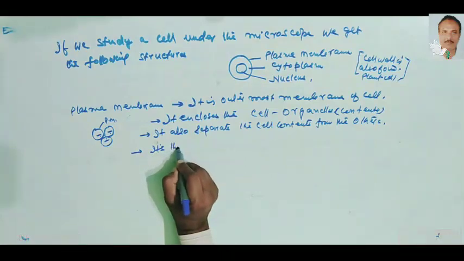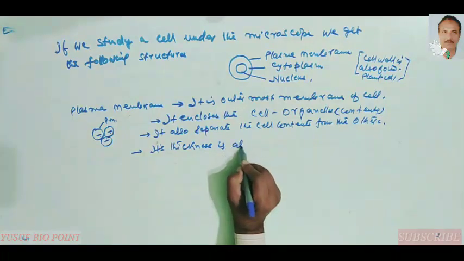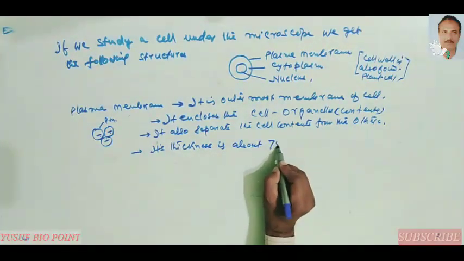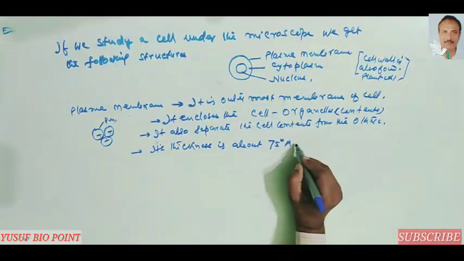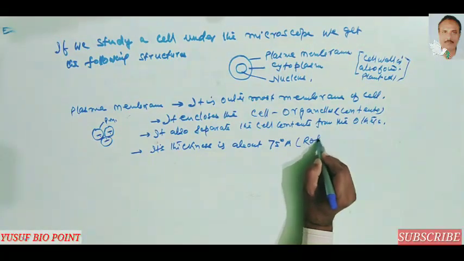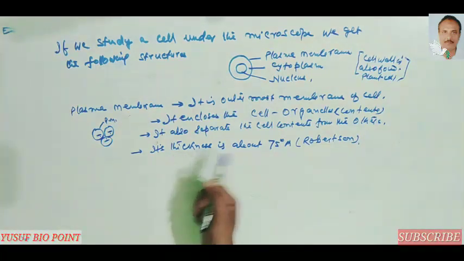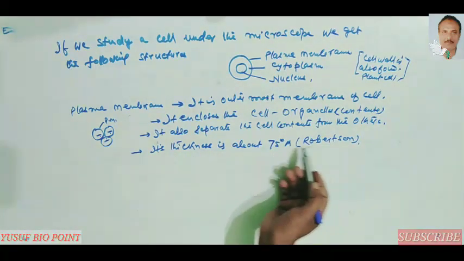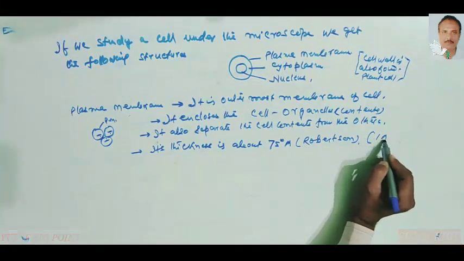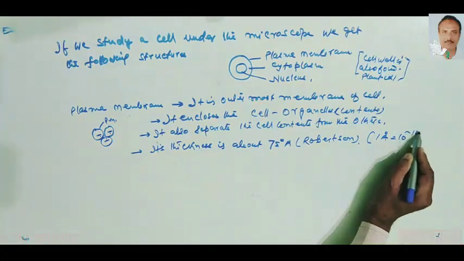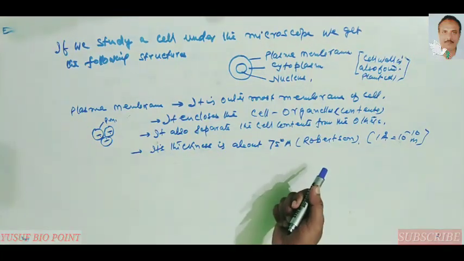Its thickness is about 75 angstrom, as told by the scientist Robertson, and you know that 1 angstrom is equal to 10 to the power minus 10 meter.